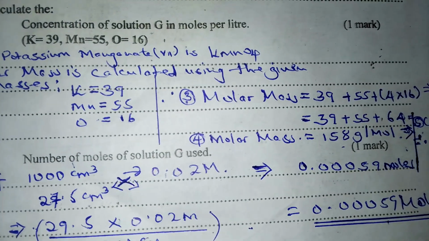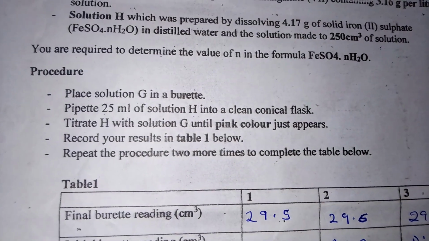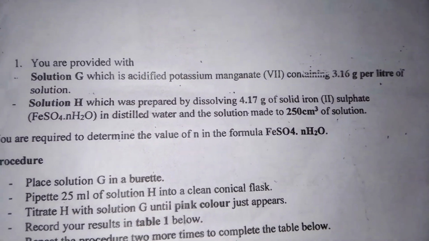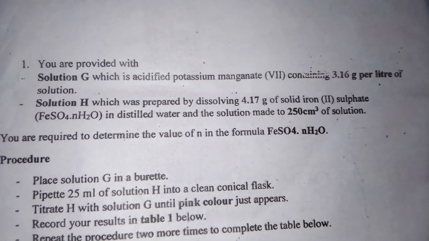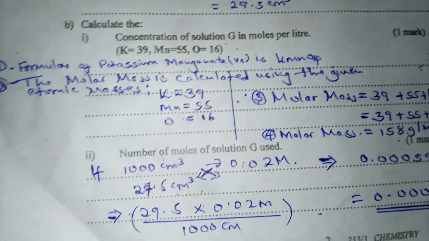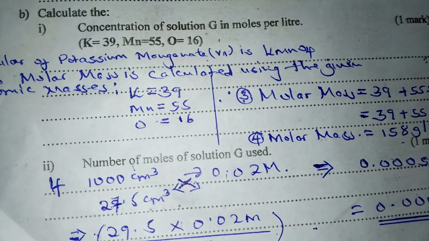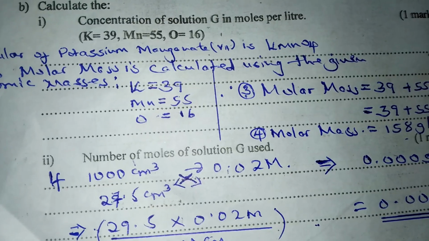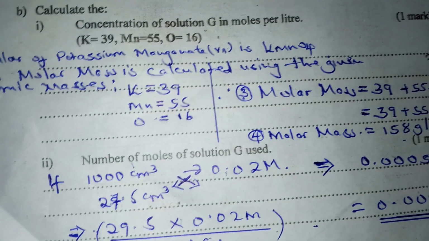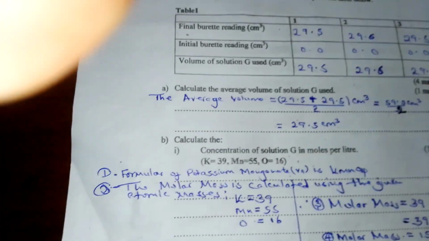Remember, solution G is acidified potassium permanganate, as described from the procedure, number 1. So if we mention G, make sure that it is acidified potassium permanganate. We equated that 1,000 cubic centimeters gives 0.02 moles. What about for 29.5? This is 29.5.